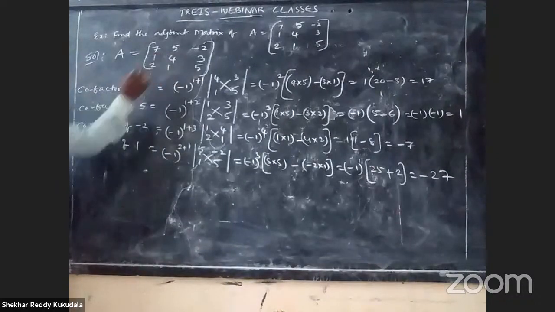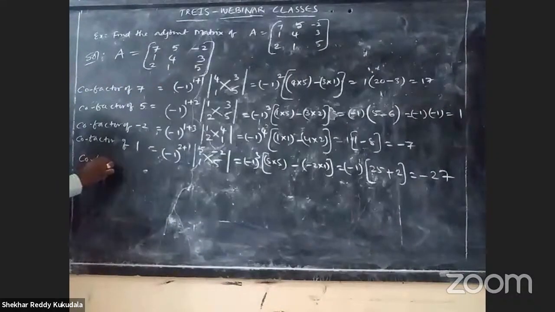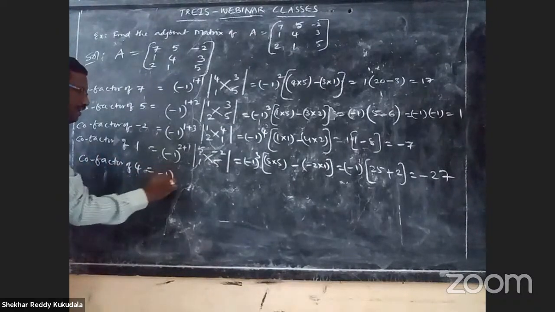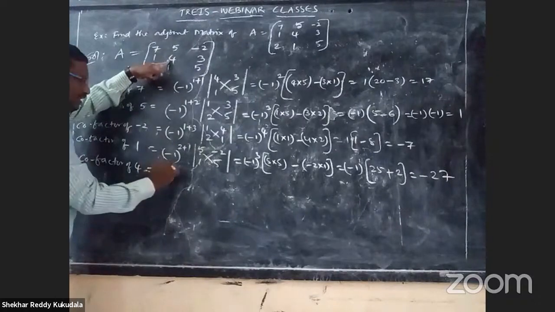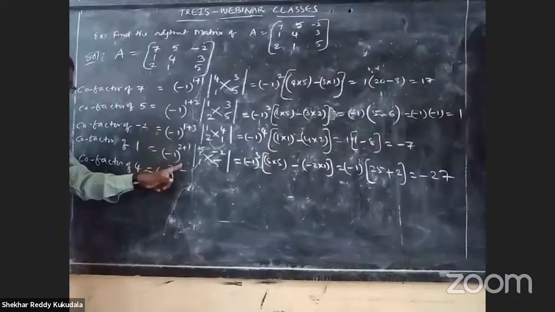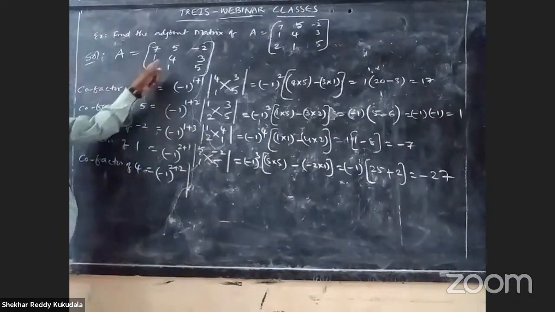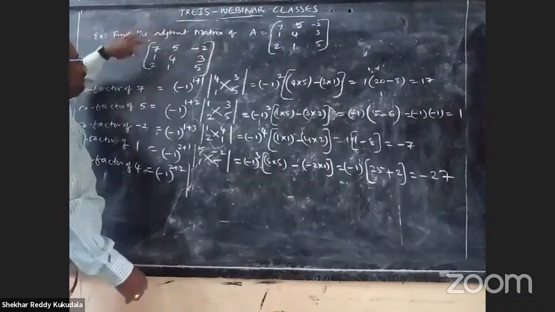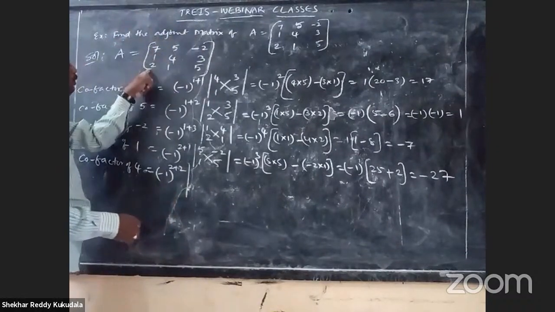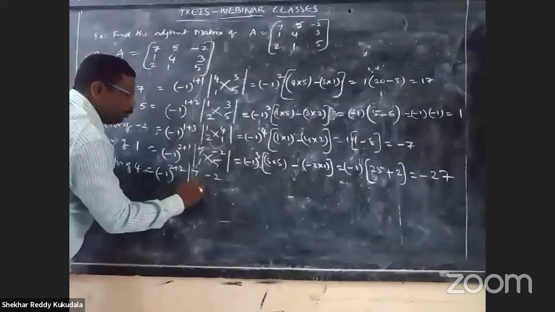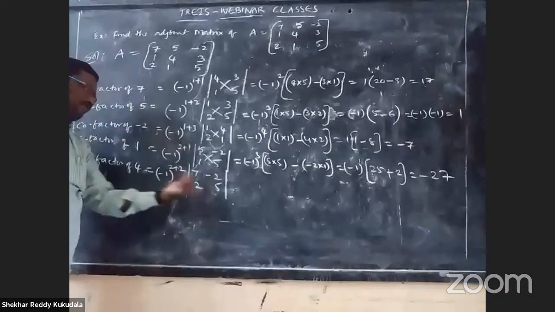Next, the 5th element, cofactor of 4, is equal to minus 1 power... 4 is in the second row and second column. So minus 1 power 5 into the determinant when this row and this column are ignored. The rest of the 4 elements are 7 minus 2, 2, 5. So this is the minor of this element.